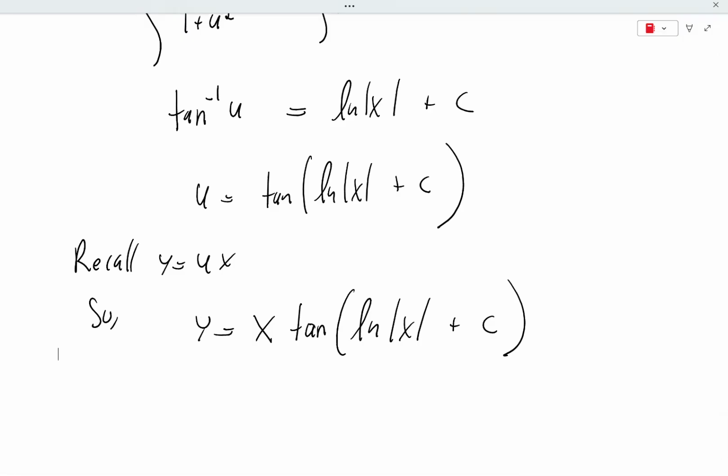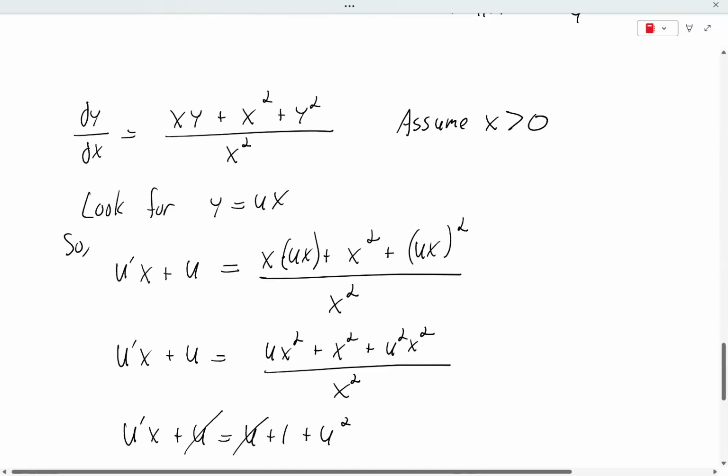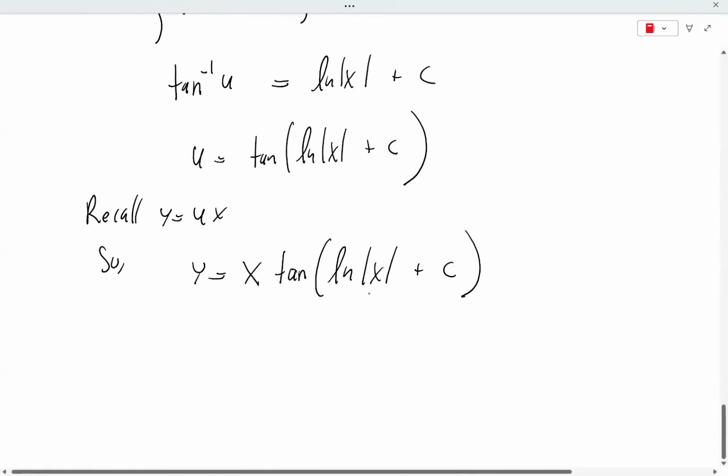One thing to mention here too, there was an assumption that x was greater than 0. So if you wanted to, you could also drop the absolute value on the x and just say ln x. Either one would be okay. I think the computer will take either one, but you could drop the absolute value because there was an assumption x is greater than 0.